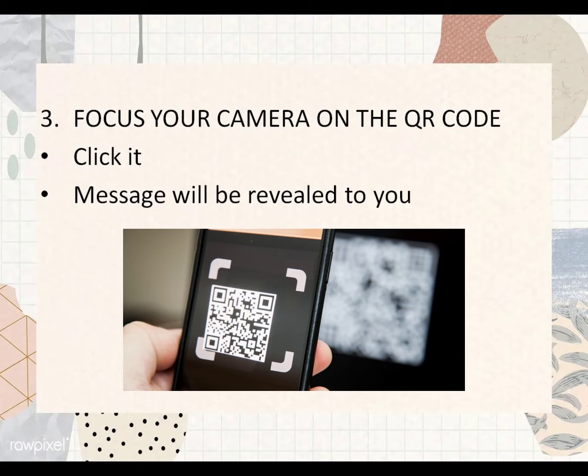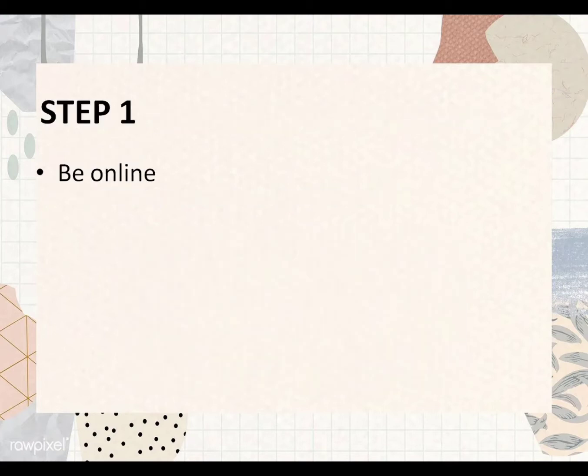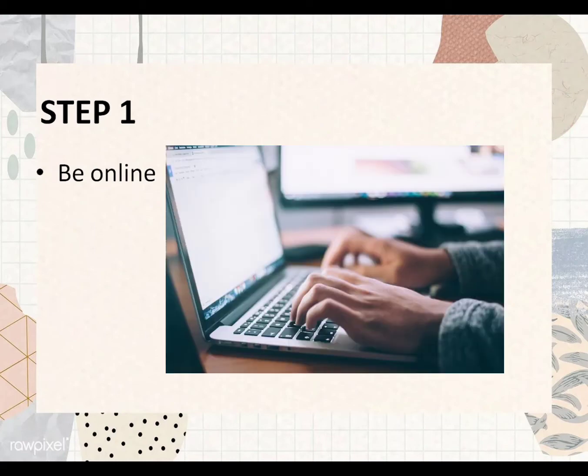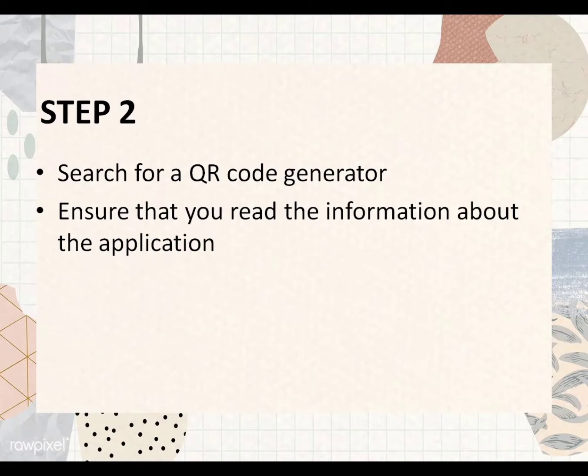Aside from reading QR codes, you can also create your own QR code. The question here is, how will you make it? Here are the following steps. Step 1, be online. Step 2, search for a QR code generator and ensure that you read the information about the application.